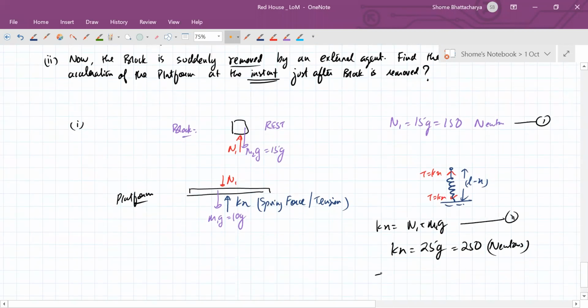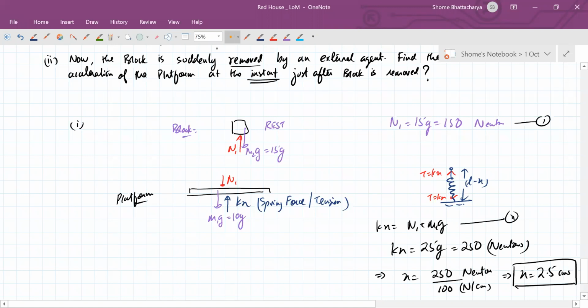So x will become 250 newtons divided by 100 newtons per centimeter. So x will be 2.5 centimeters. So this is the first part of the question.